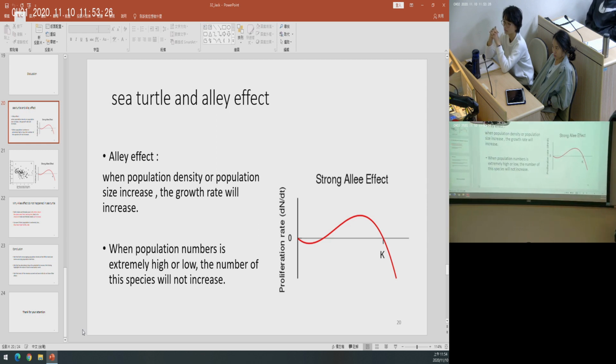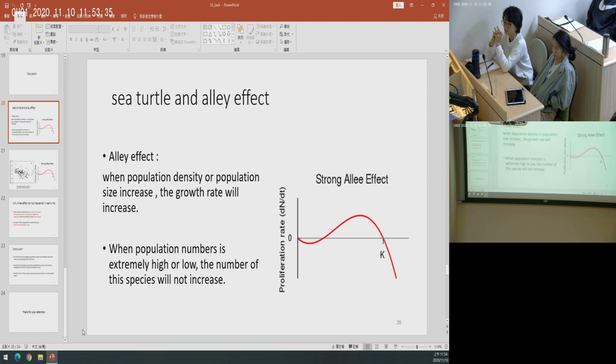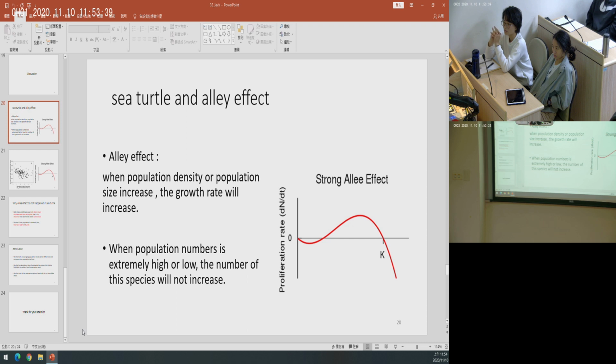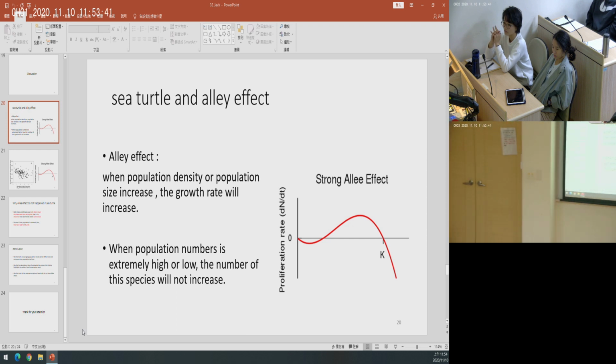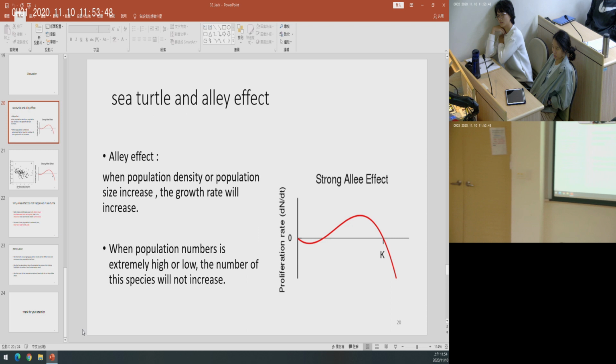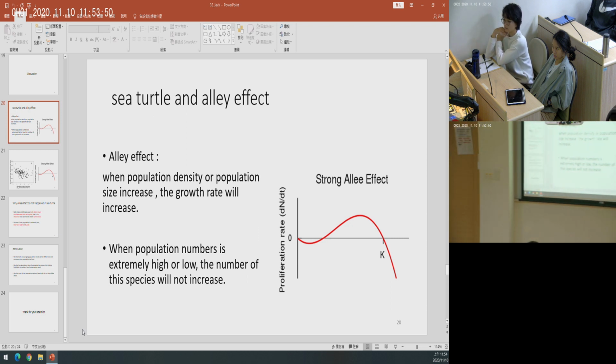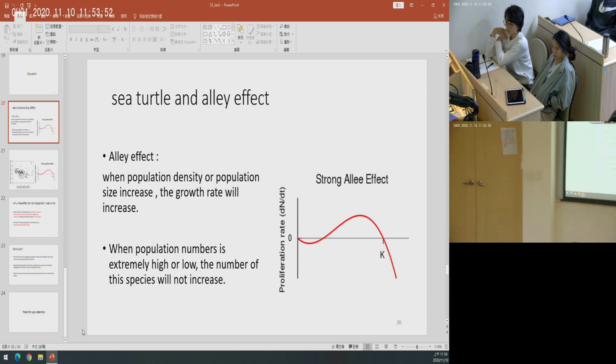Not source, resource. And when the number is low, the chance of the species meeting will decrease. So their fertility rate will decrease.